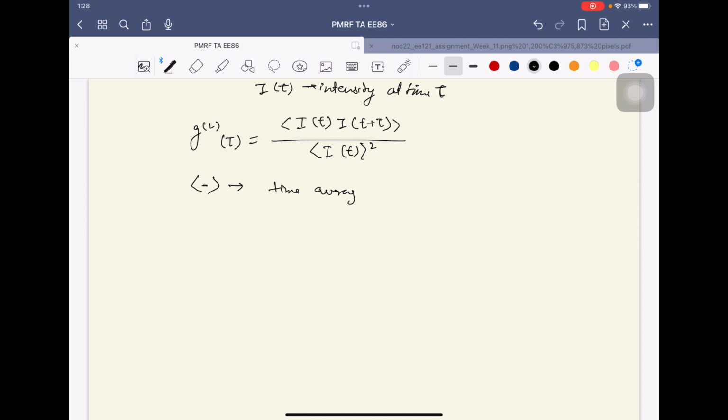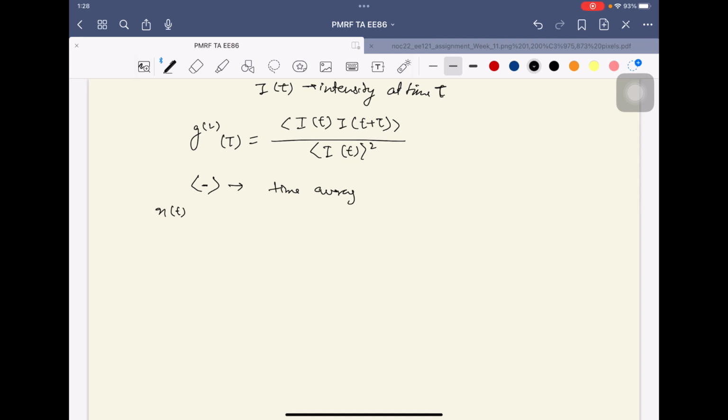So from an experimental point of view, the number of counts, that is n at time t, registered on a photon counting detector is proportional to the intensity of the impinging beam.